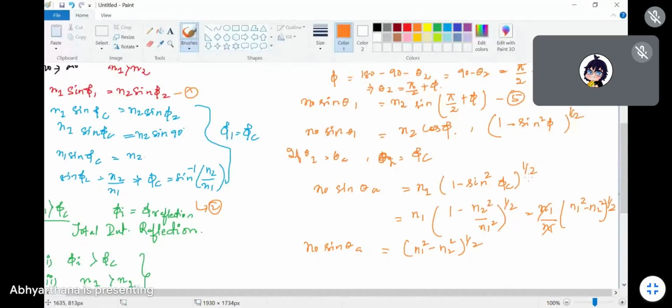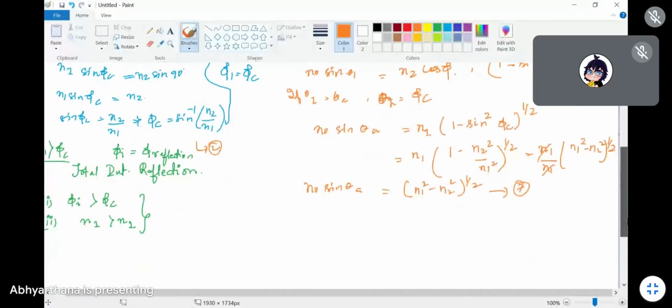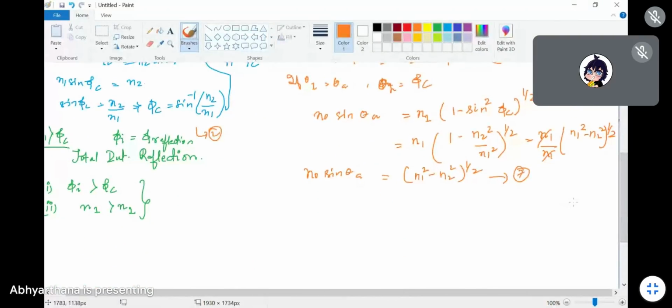Okay. And this is, let's say, your 6. So I'll give this equation as equation number 7. Understood? Now here, from here we try to find out what is the numerical aperture.